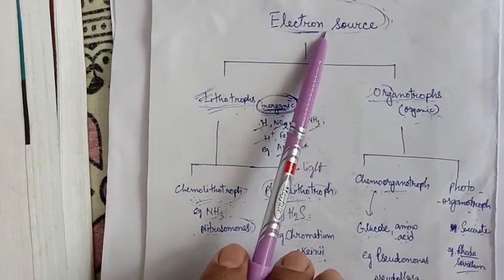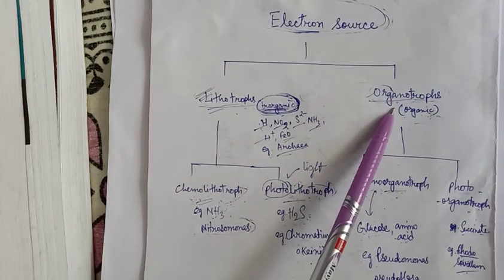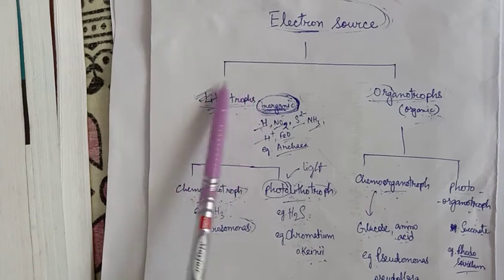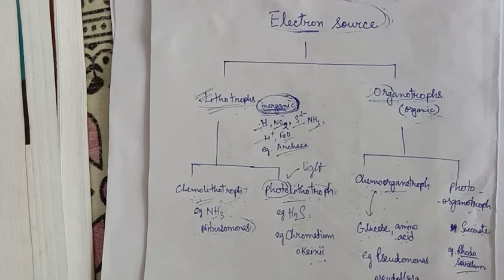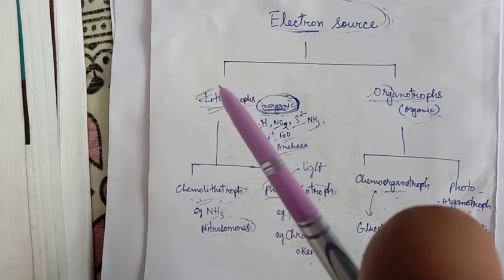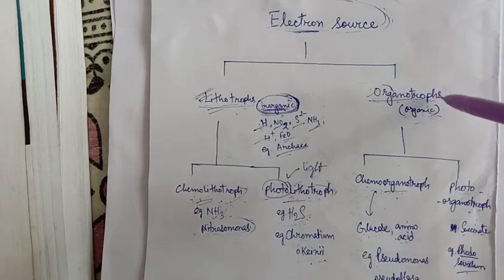So based on electron source, the microorganisms are classified into two types, lithotrophs and organotrophs. Lithotrophs use reduced inorganic compounds as electron donors, whereas organotrophs use organic compounds as electron donors.